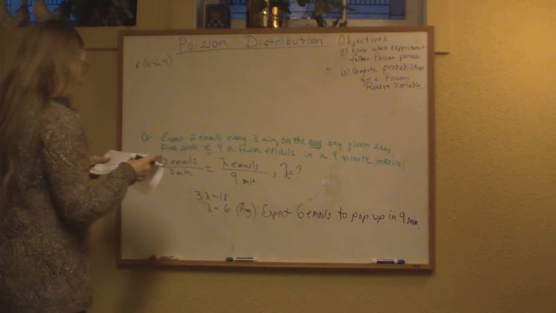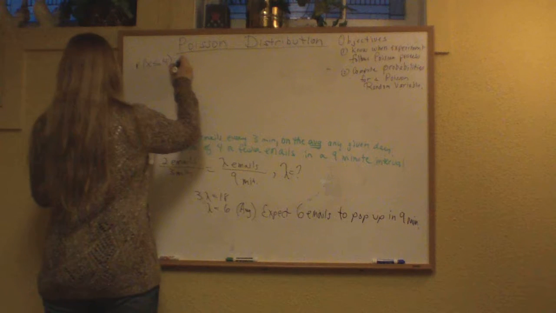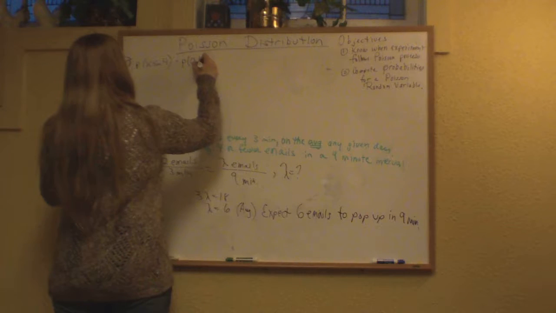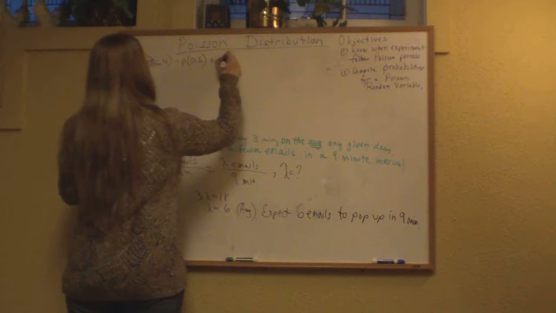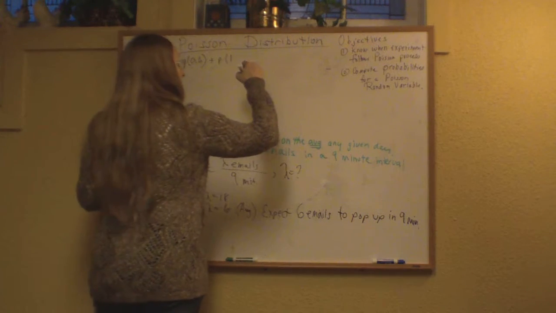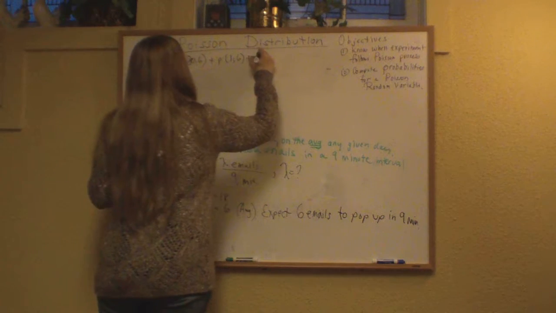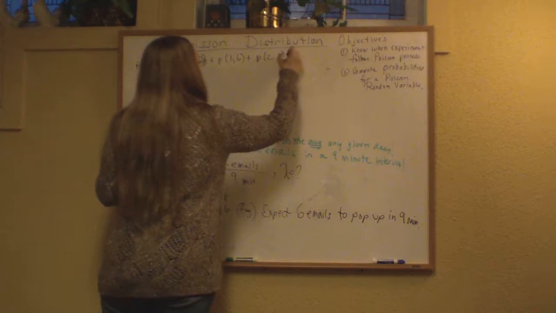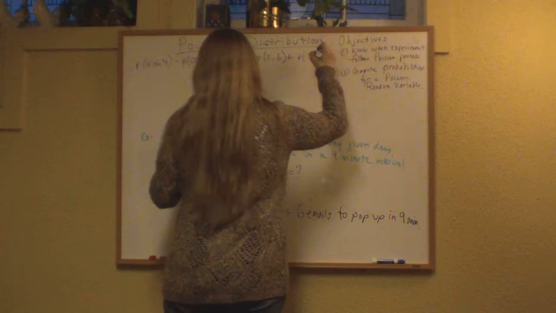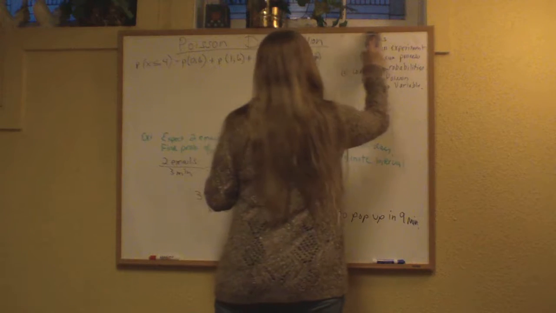And that's because we want 4 or fewer emails in 9 minutes. So that's going to be the probability of 0 given 6, plus probability of 1 given 6, plus probability of 2, plus probability of 3, plus probability of 4.